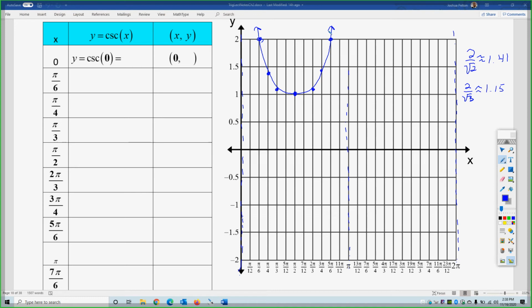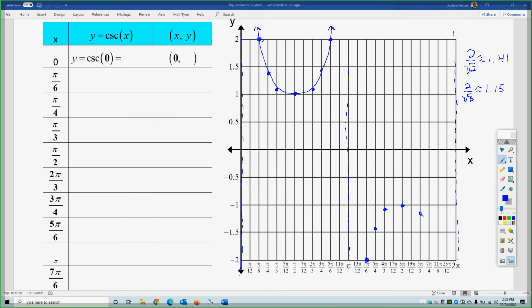Now if I go to the third and fourth quadrant, it's 7 pi over 6, I'm at negative 2. 5 pi over 4, I'm at negative 2 over root 2. 4 pi over 3, I'm at negative 2 over root 3. 3 pi over 2, I'm at negative 1. 5 pi over 3, I'm at negative 2 over root 3 again.